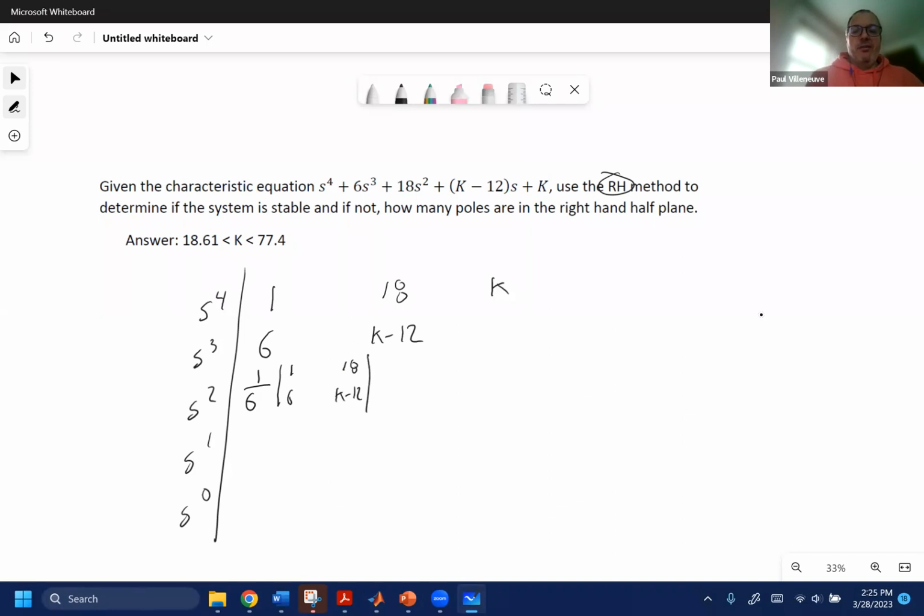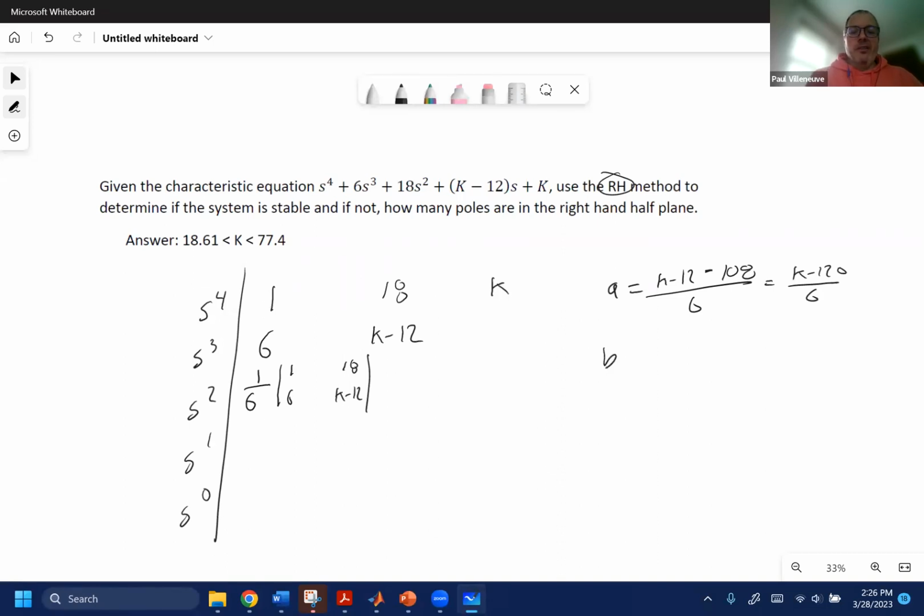Let's call that A. So that's going to be equal to K minus 12 minus 6 times 18, which is 108, I believe, all over 6. So that's equal to K minus 120 over 6. That's that first coefficient.